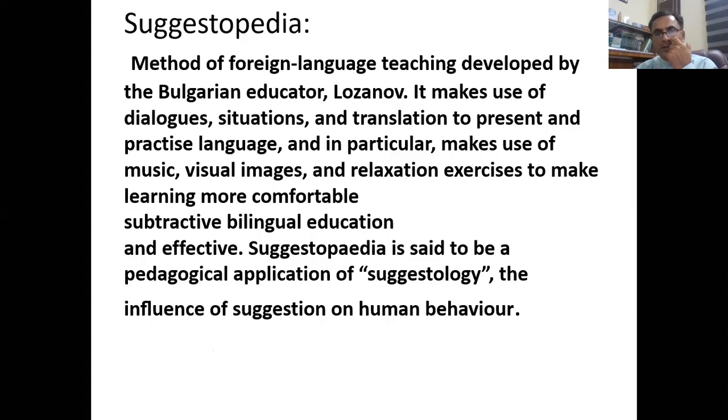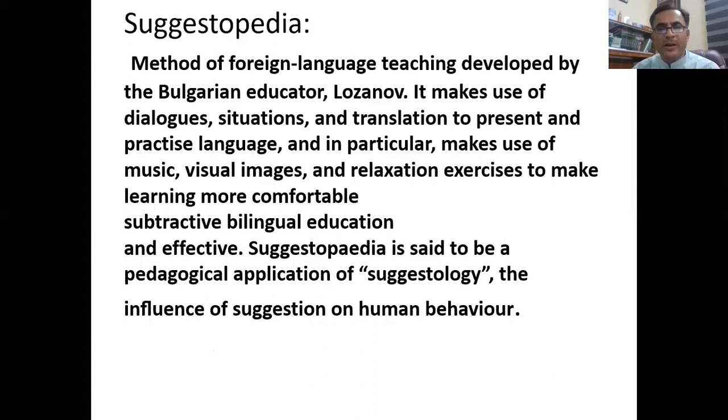Then another term that comes in the history of English language teaching is suggestopedia. Now, this was the Bulgarian educator Lozanov who talked about this concept of language teaching, and it made use of language of dialogue, situations, and translations to present and practice language.